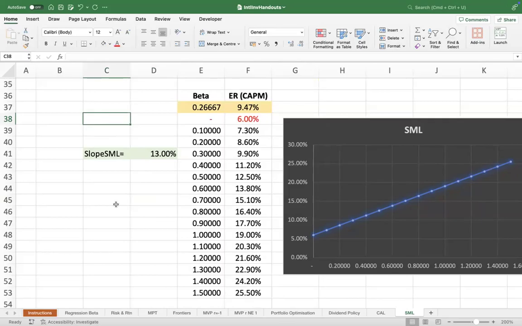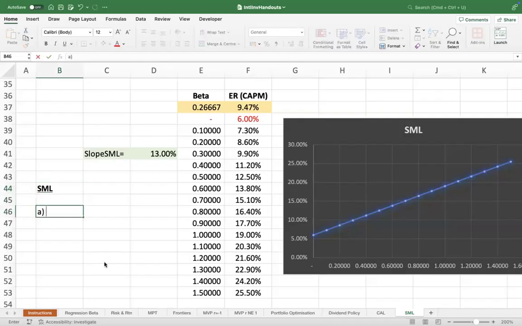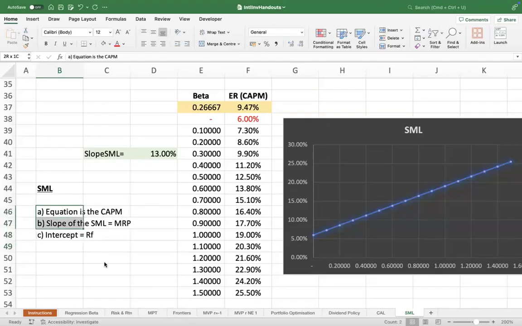So therefore, it tells you that for the SML, security market line, the equation of the SML is therefore the CAPM model, capital asset pricing model. The slope of the SML is your market risk premium, which we just saw. The intercept is your risk-free rate of return.